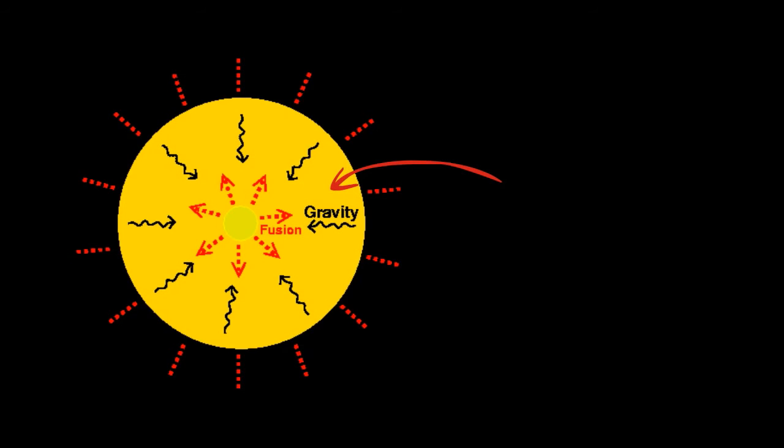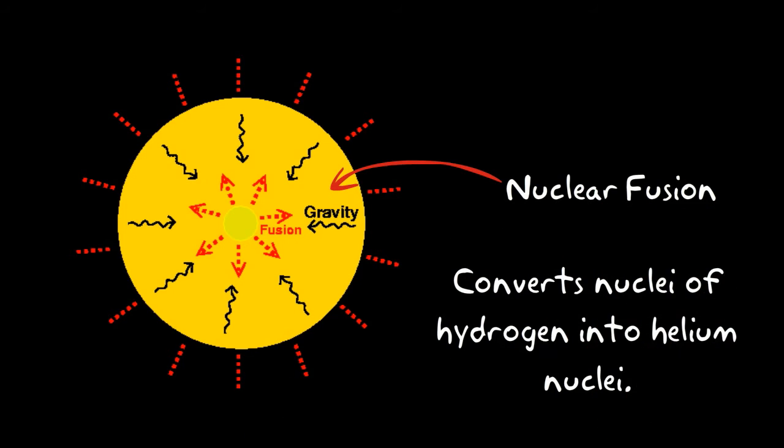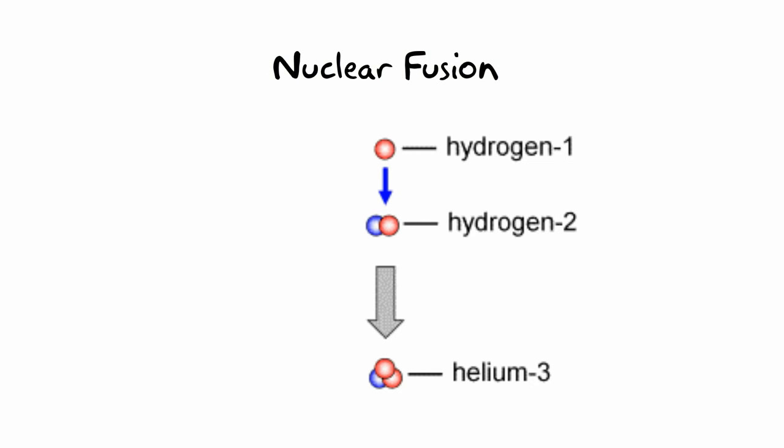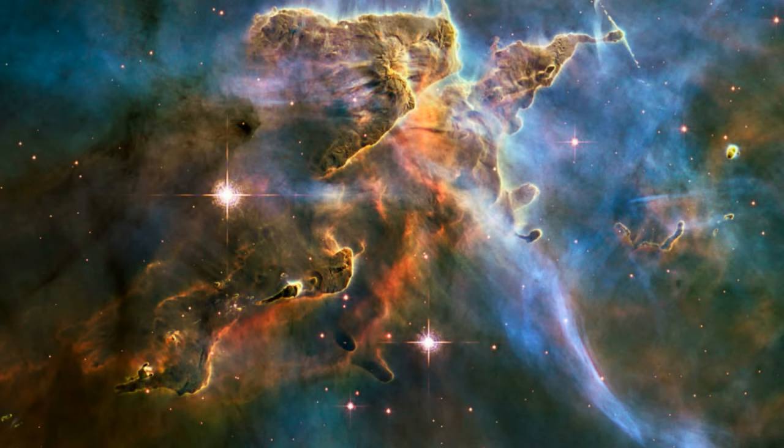Then a process called nuclear fusion takes place, which converts nuclei of hydrogen into helium nuclei. In this process, one hydrogen nuclei collides with two hydrogen nuclei, and they fuse together to form three nuclei of helium. Besides producing energy, the star appears brighter and becomes hotter, resulting in some baby stars being bright or dim.